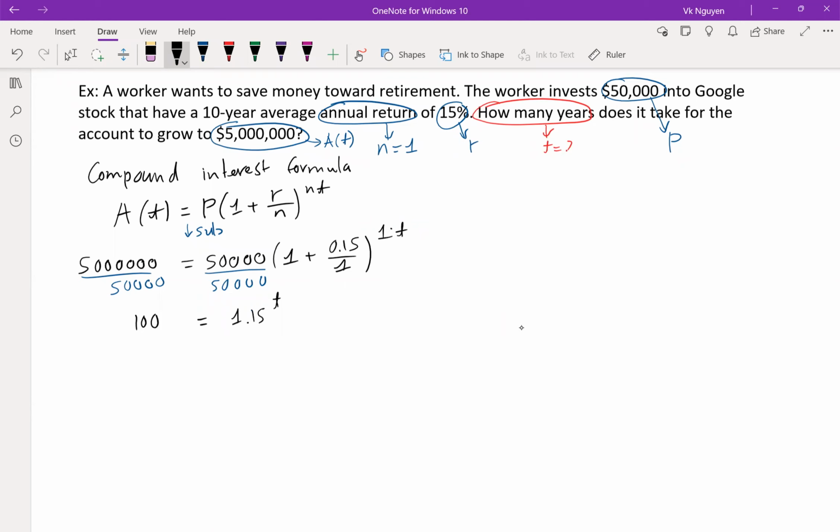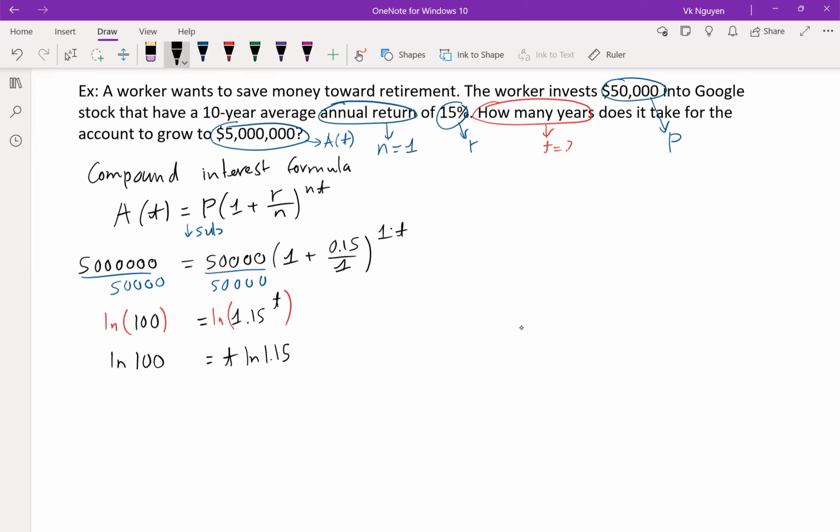This is an exponential equation. We can move the exponent down using ln. Take ln on both sides: ln 100 equals ln 1.15 to the power t. Here we use the power rule: t times ln 1.15.